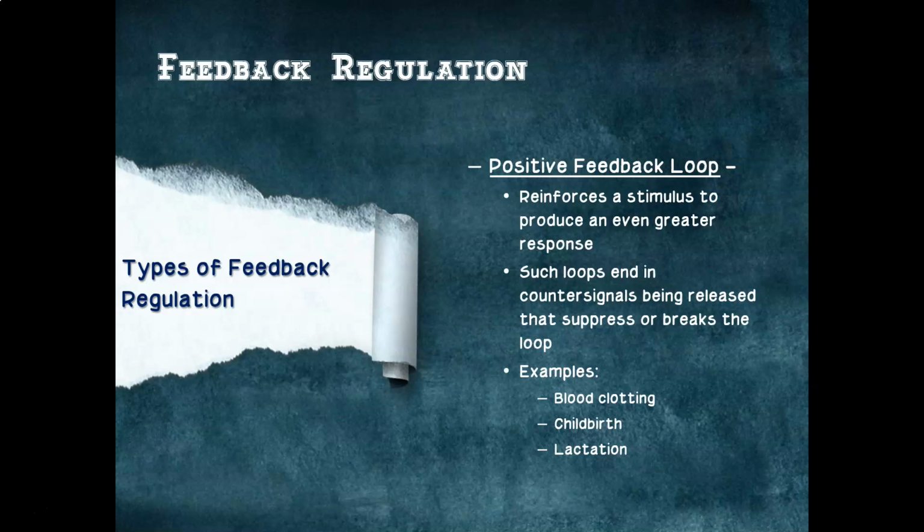So rather than doing the opposite, we're continuing to reinforce whatever that stimulus was in the first place. Things like childbirth or blood clotting, lactation, these are all examples of positive feedback mechanisms where we continue to enhance that effect until we get some sort of desired response. Once that response is met, then that loop gets broken, and we suppress the loop and everything goes back to normal.